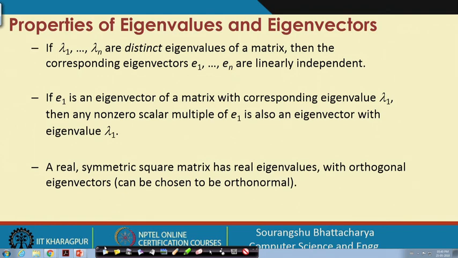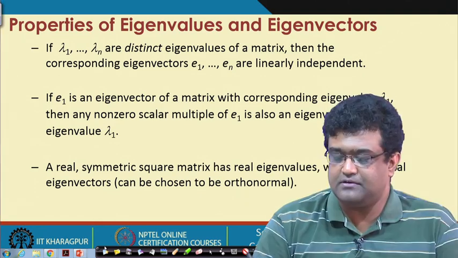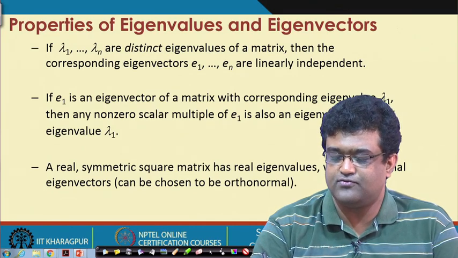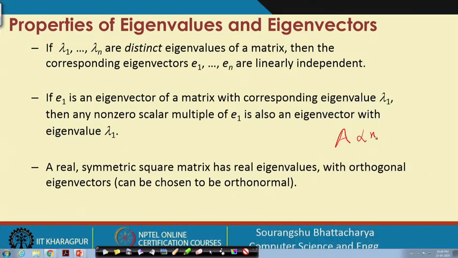Next, if E1 is an eigenvector of a matrix with corresponding eigenvalue lambda 1, then any non-zero scalar multiple of E1 is also an eigenvector with eigenvalue lambda 1. This is very clear because you can check that A of alpha times x equals lambda of alpha times x.